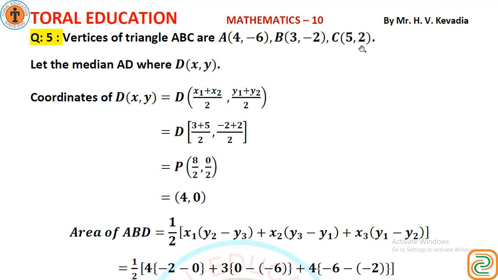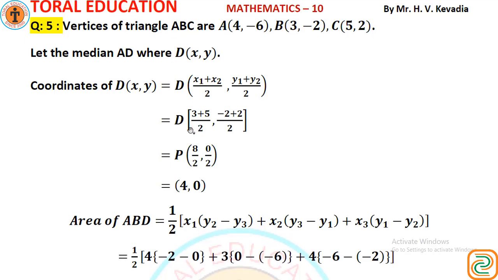So for B and C, (3 plus 5) by 2, and (minus 2 plus 2) by 2. So 8 by 2 and 0 by 2, so 4 and 0, right? (4, 0) is the point D.